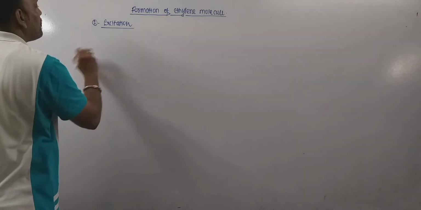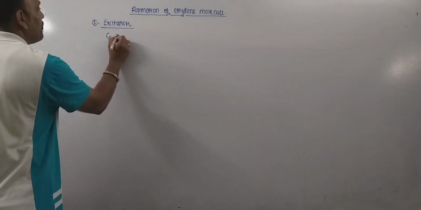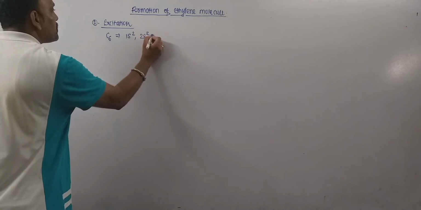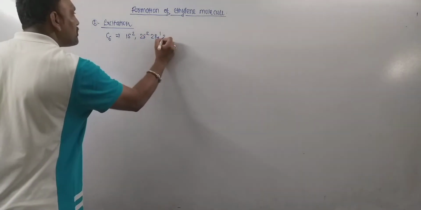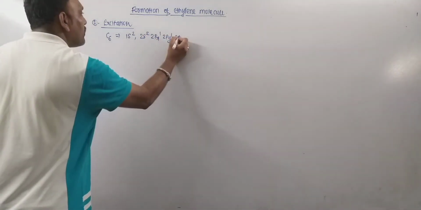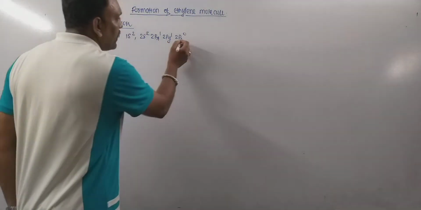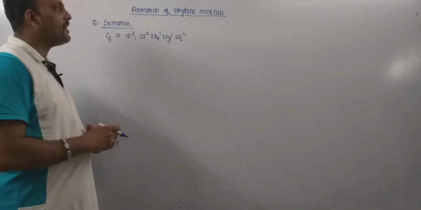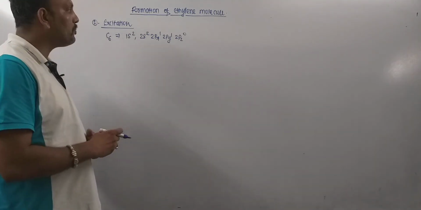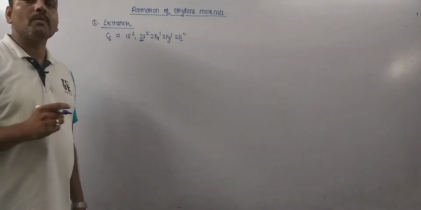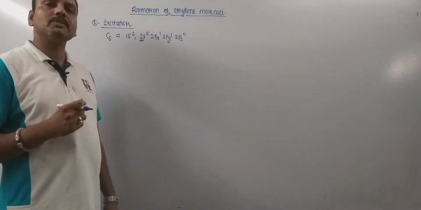The central atom carbon has atomic number 6, electronic configuration 1s2, 2s2, 2p2, that is 2px1, 2py1 and 2pz0. Now in the valence shell of carbon there is a vacant higher energy orbital, that is 2pz, and the lower energy 2s orbital has 2 electrons, I mean it is fulfilled.